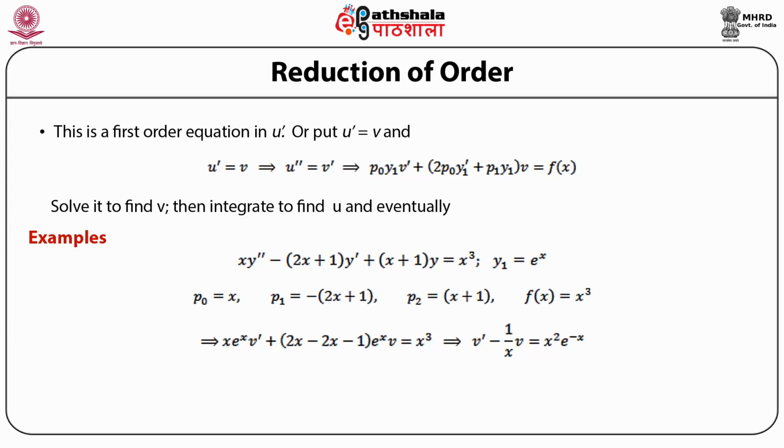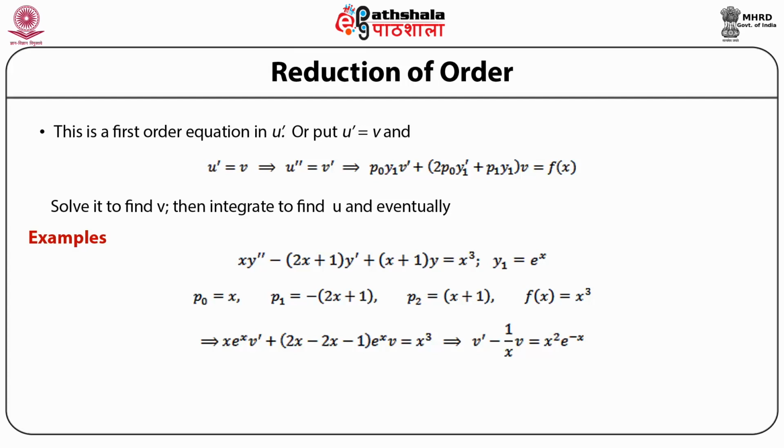Here in this equation we can see p0 is equal to x and p1 is equal to minus (2x plus 1). p2 will be equal to x plus 1. f(x) will be equal to x cubed.